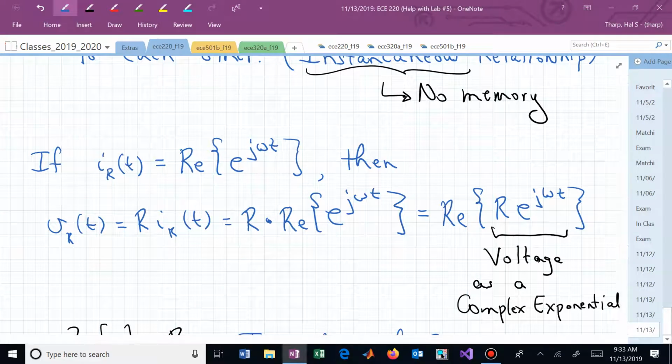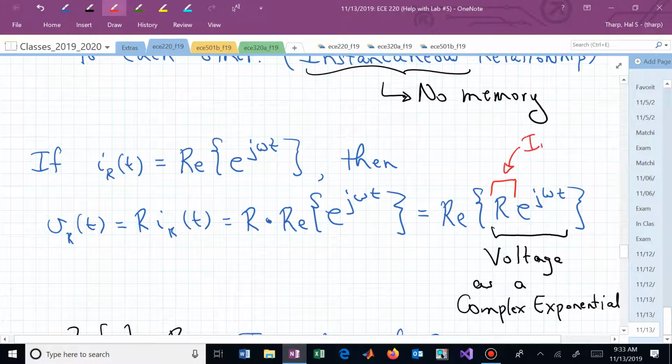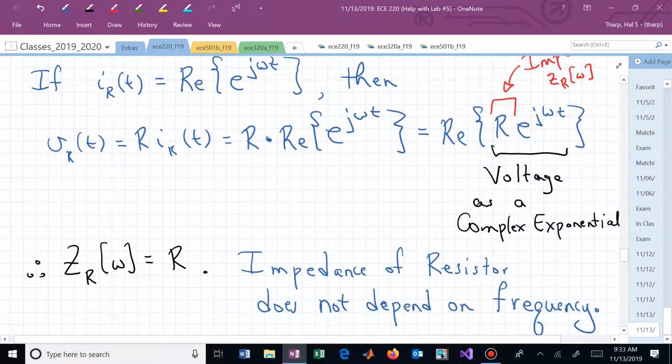And we know that e to the j omega t was actually the complex exponential of our current. What scales that current is then the impedance. And that was due to the resistor, so we'll call that Z sub R of omega. And R does not have any kind of frequency dependence at all.